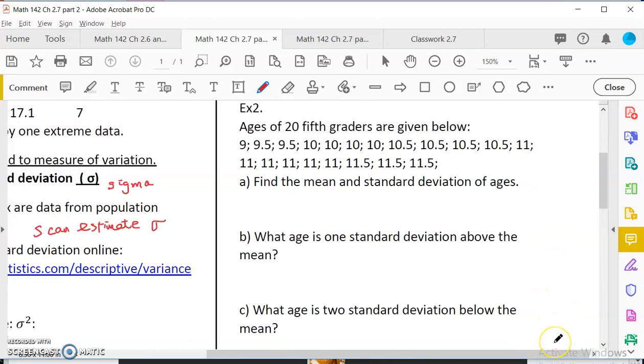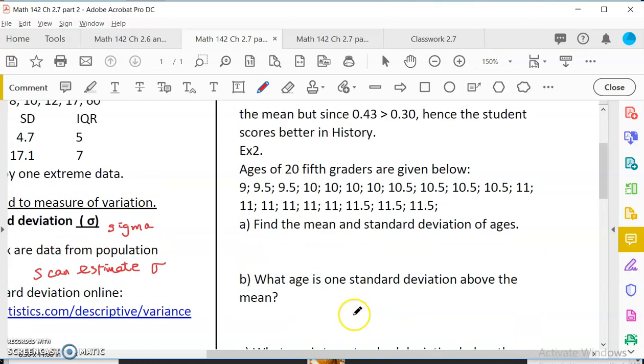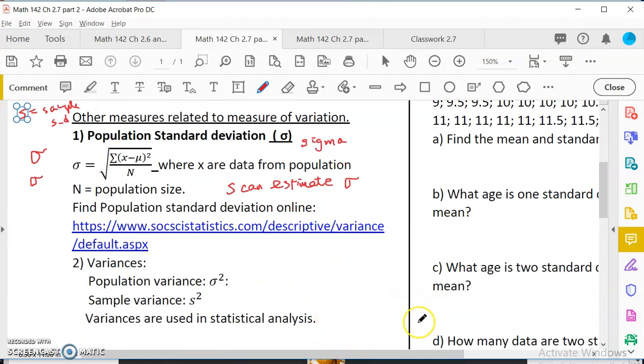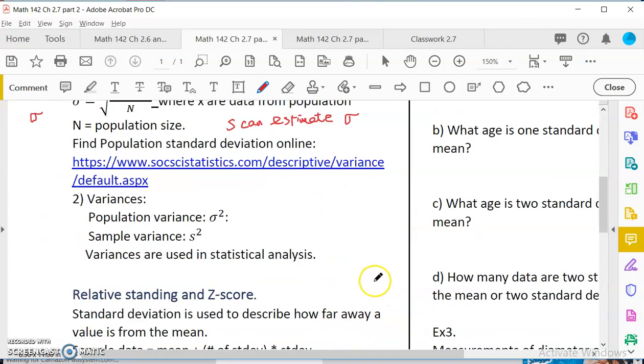So the main use of standard deviation is, if I have some data, I put my data on a number line as if I'm doing a dot plot. The importance of standard deviation is, like in a dot plot, I have all my data around this, they scatter around, right?